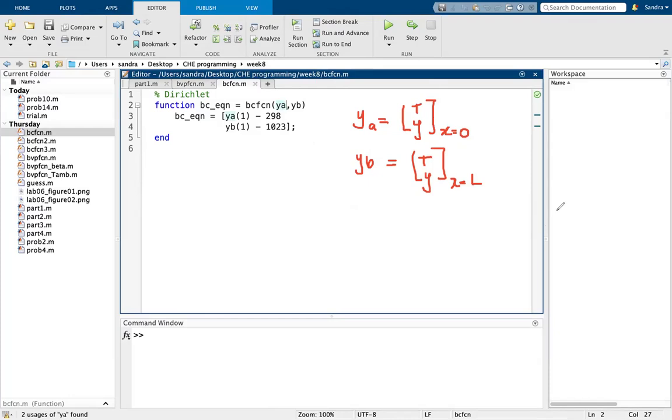Now, if I'm saying that my temperature at one end has to be 25 degrees Celsius, which is 298 Kelvin, and the temperature at the other end has to be 750 degrees Celsius, which is 1023 Kelvin, that's what has been given here. How do I define it?